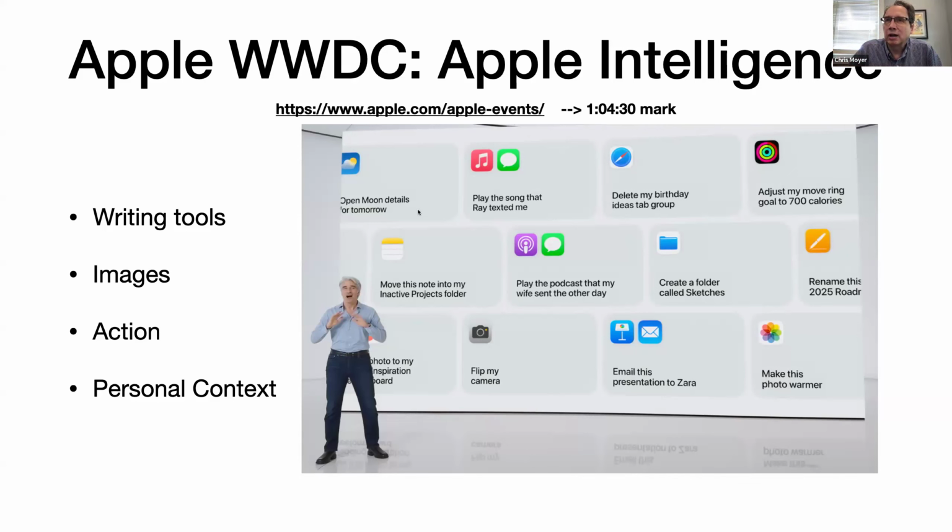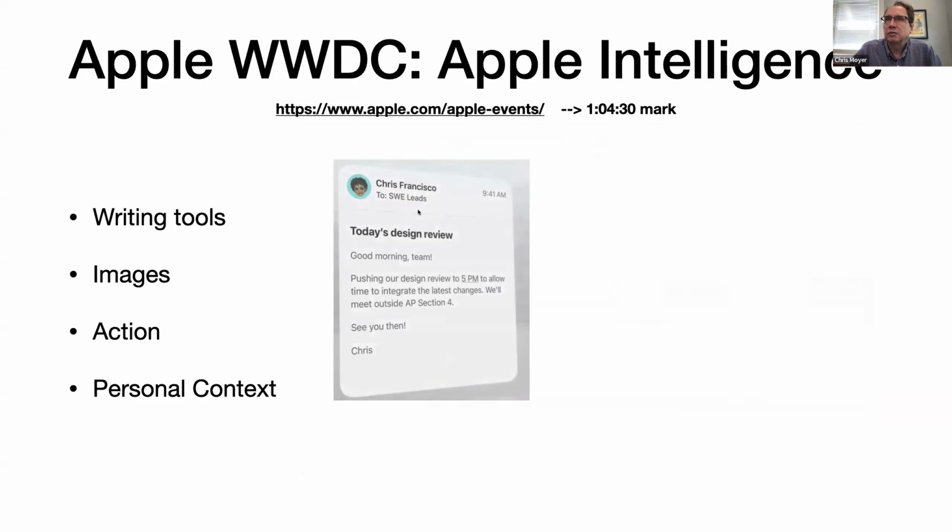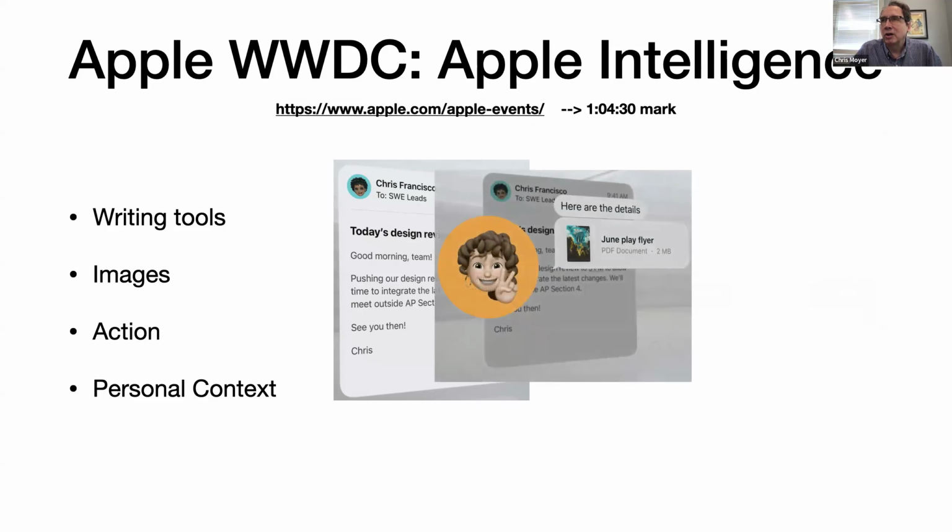And then the other aspect of this is what they're calling personal context. So it's like, hey, we need to push our review to 5 p.m. We'll meet outside this particular location. See you then. So it knows it's today's design review, it's at this time, it's at this location. That's great. But then it's also going to know, hey, my kid says I have a theater thing that I'm going to be in.